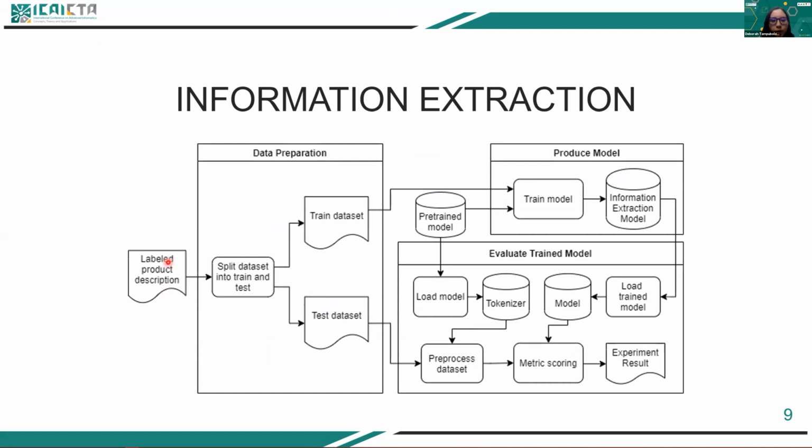In this part, we also use some libraries. The first one is scikit-learn, and for the training we use Keras, Hugging Face, and PyTorch. For the metric scoring, we use an open source project called seqeval. And then in the training itself, we will be using Hugging Face with 2 models, mBERT and XLM-RoBERTa.